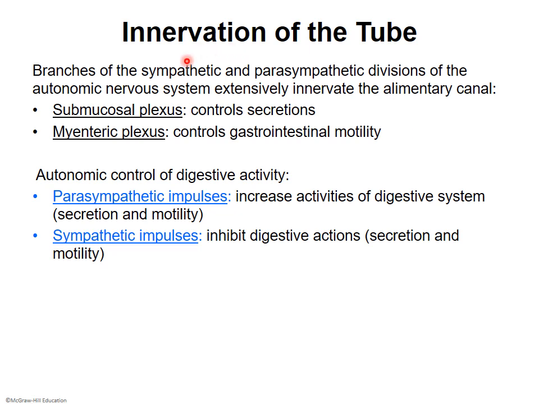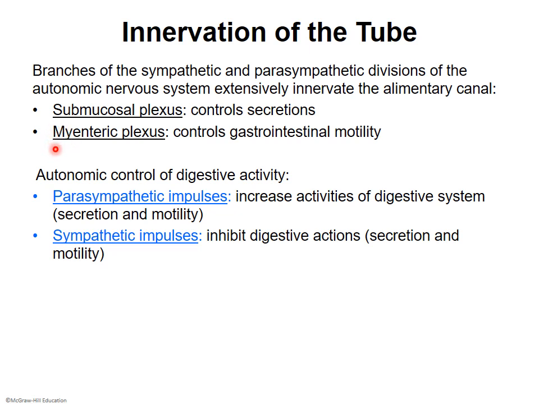Remember, the sympathetic nervous system is mainly going to be using adrenaline. So you can think of this adrenaline rush as doing this. The parasympathetic is going to be controlling these by way of cranial nerve 10, the vagus nerve. Now, inside the GI tract, they're going to have two neural plexuses, and one's called the submucosal plexus and one's called the myenteric.